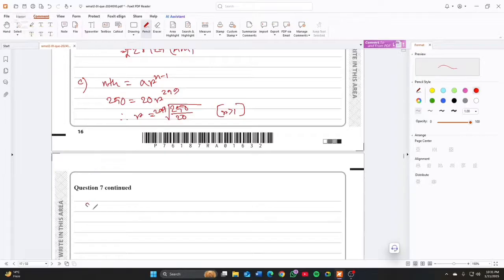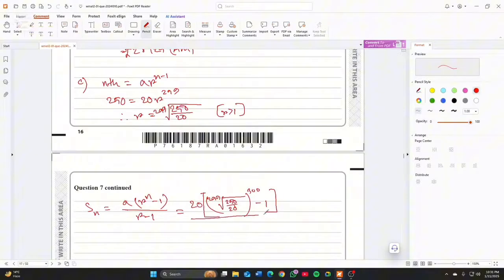The formula for a geometric progression for S of n is a times r to the power n minus 1, all divided by r minus 1. So putting in the values, a is 20, r to the power n would be this to the power of 300, so 250 divided by 20 to the power of 1 over 299, and the whole thing to the power of 300, and this minus 1, whole divided by r minus 1.